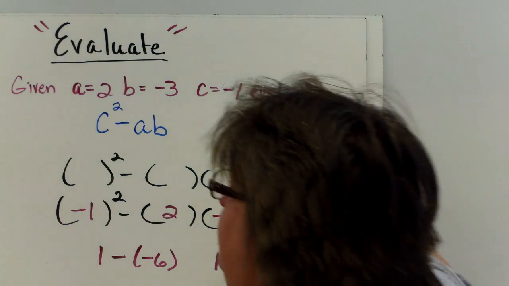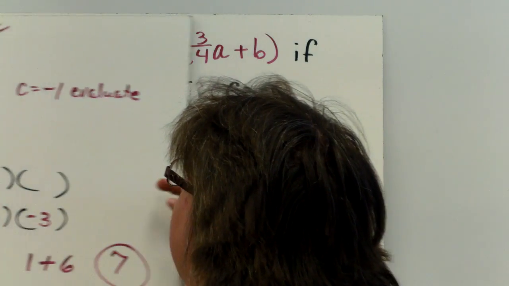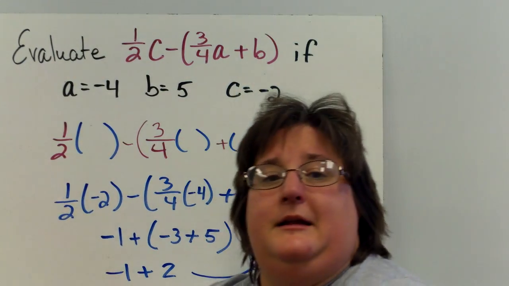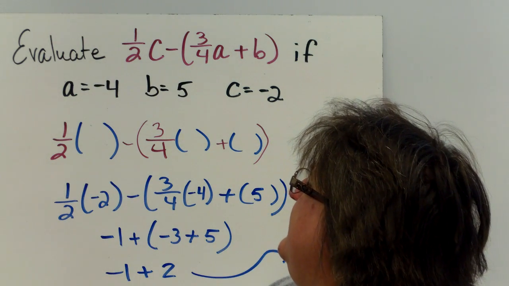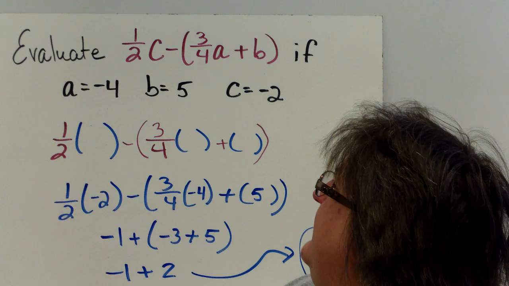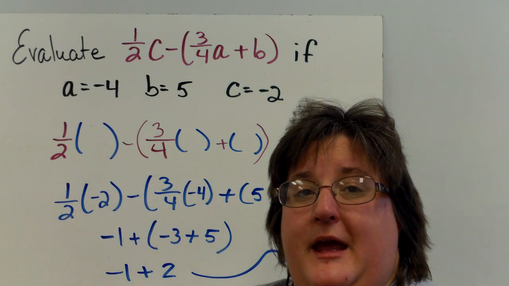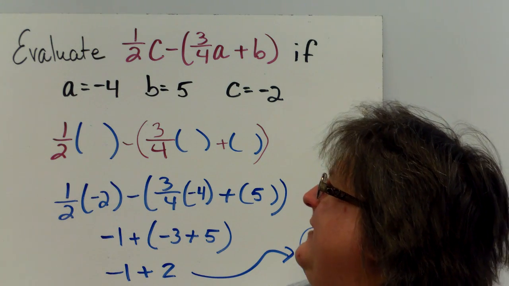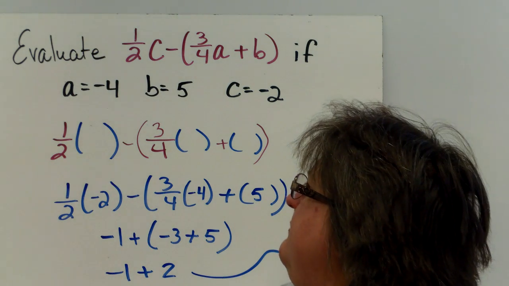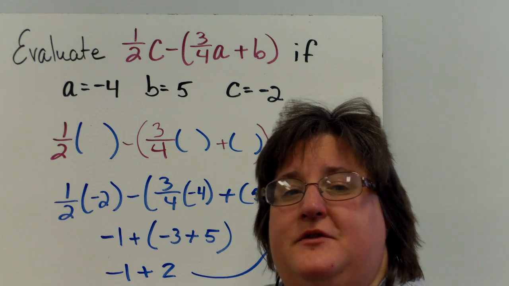Let's take a look at another. Let's say that you want to evaluate 1/2 c plus 3/4 a plus b. Notice how the 3/4 a plus b is in parentheses there. We want to evaluate that if a equals -4, b is 5, and c is -2.